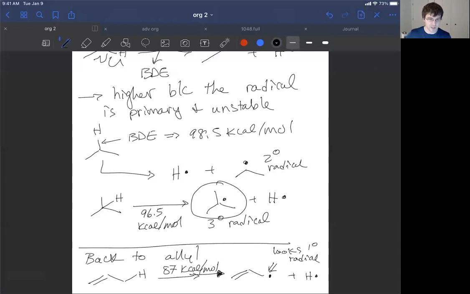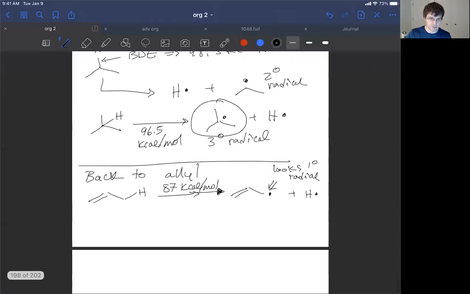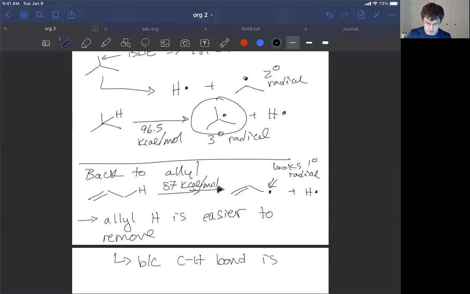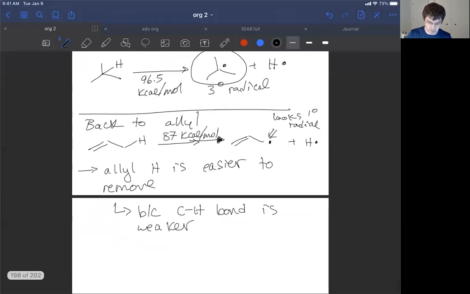Now what it says is the allyl hydrogen is much easier to remove because the CH bond is weaker. And if the CH bond is weaker, anytime you have weaker bonds, you have a more reactive molecule.